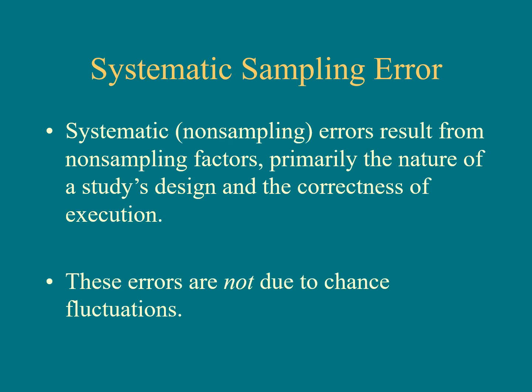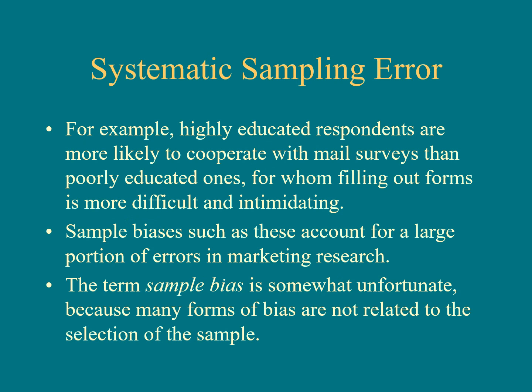Systematic sampling error. Systematic or non-sampling error results from non-sampling factors, primarily the nature of a study's design and the correctness of execution. These errors are not due to chance fluctuations. For example, highly educated respondents are more likely to cooperate with mail surveys than poorly educated ones, for whom filling out forms is more difficult and intimidating.